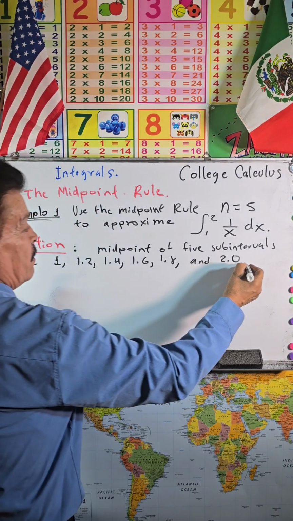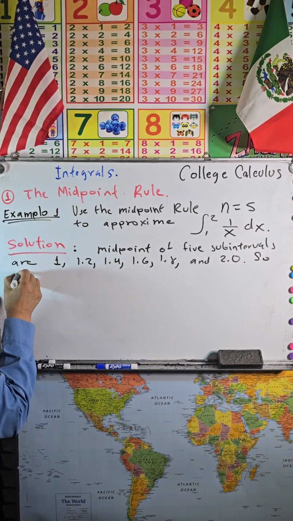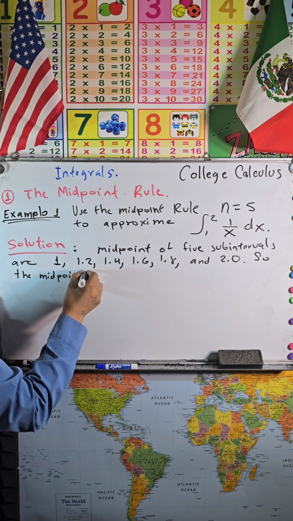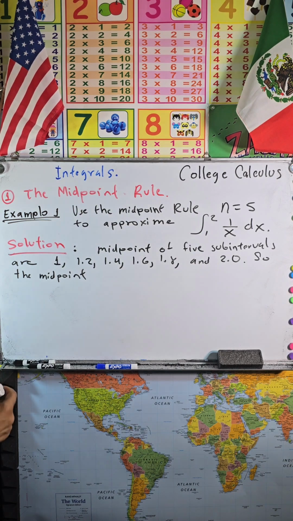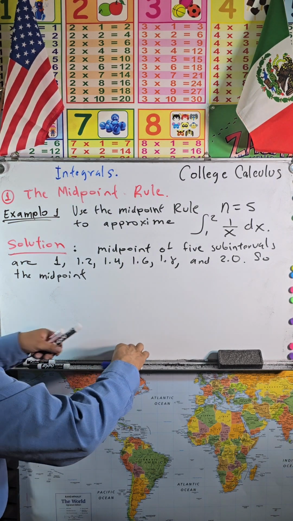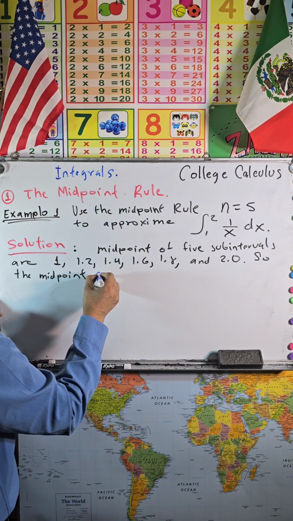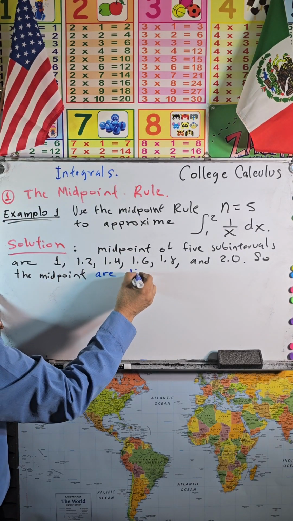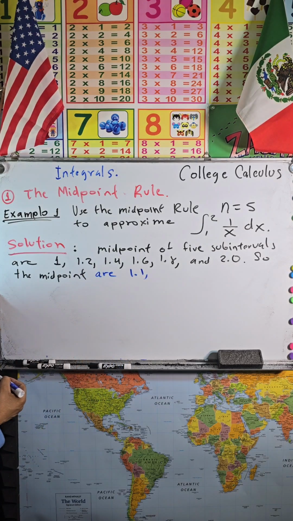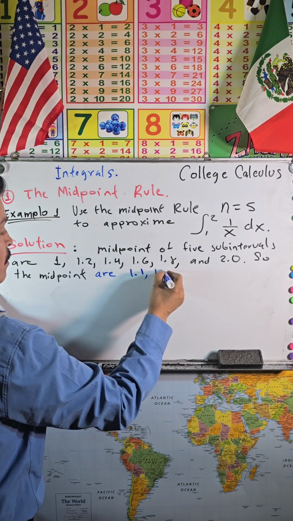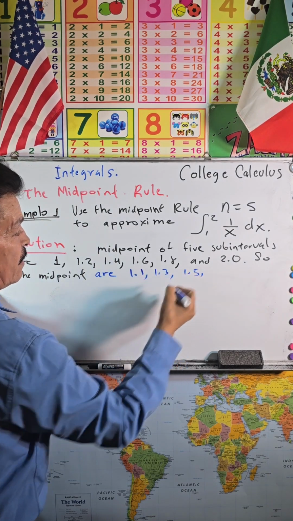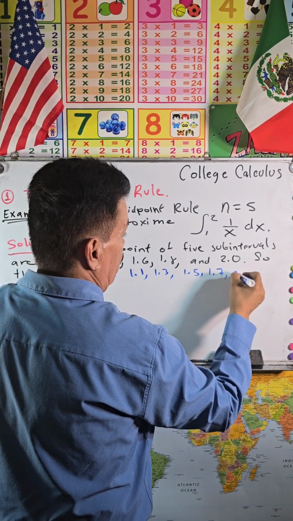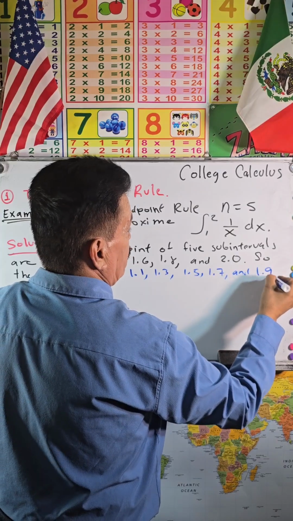So the midpoints of the 5 subintervals are 1.1, 1.3, 1.5, 1.7 and 1.9, right?